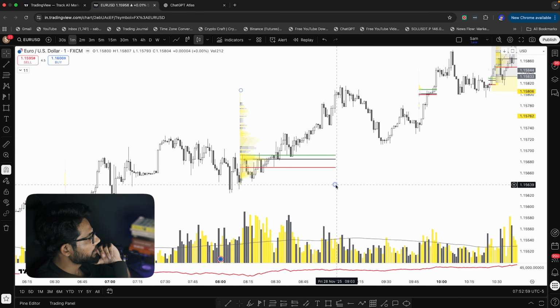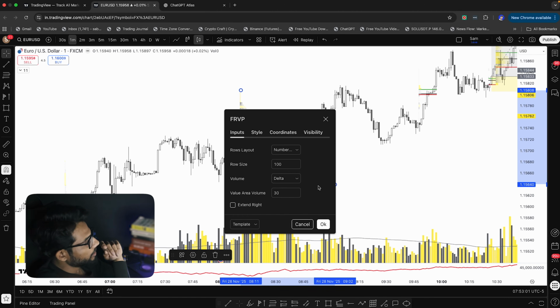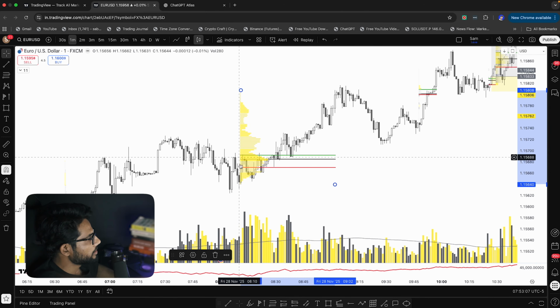Now this is volume delta. First of all, let me tell you what volume delta is and what total volume is. If you convert it to total volume, this is the total volume. But volume delta tells you exactly who is in actual control and who is winning the battle inside the candle or inside the range.